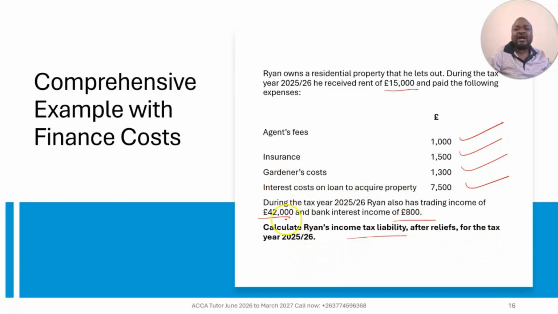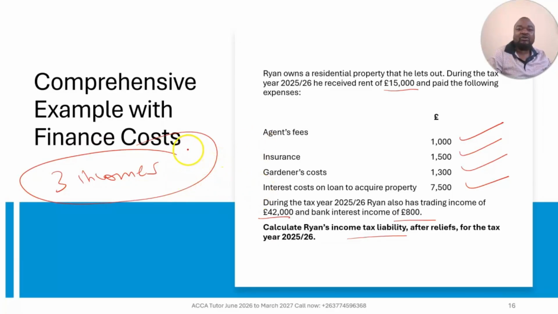So here we are given three incomes. And that's when that table becomes essential. The first income we are told of is the property income.